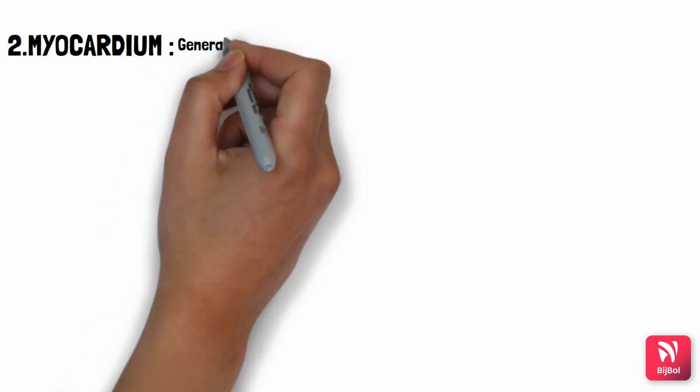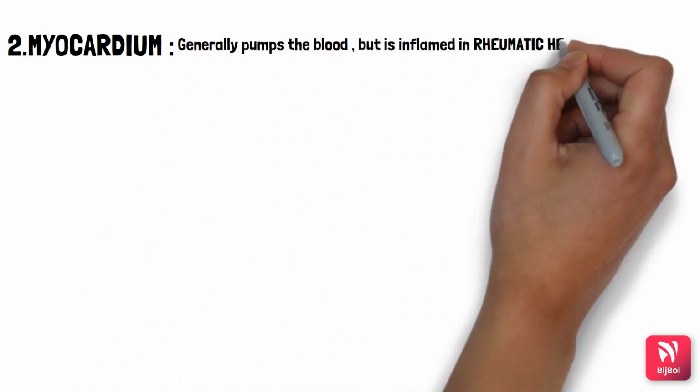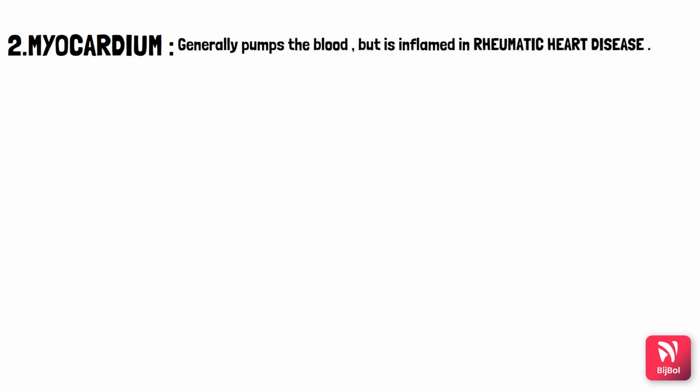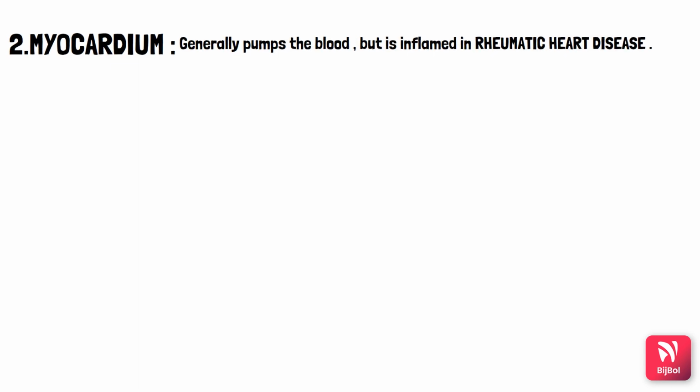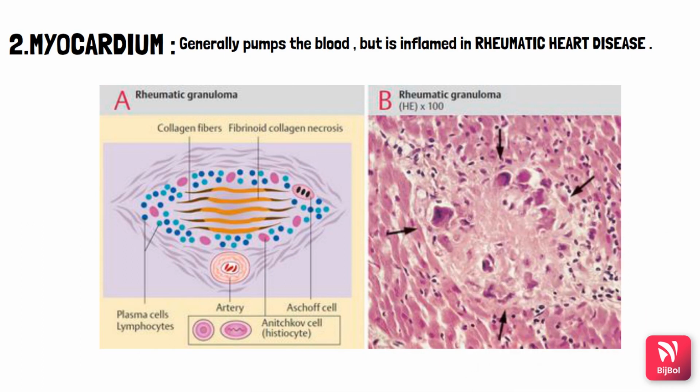The next layer is the muscular layer, that is the myocardium of the heart. It is responsible for pumping the blood out of the heart. In rheumatic heart disease, this myocardium is inflamed and presents with fibrinoid necrosis. And there are also many inflammatory cells occupying the myocardial area, called Aschoff bodies.